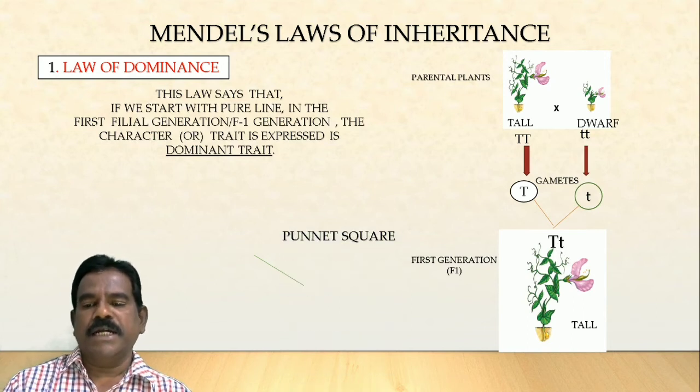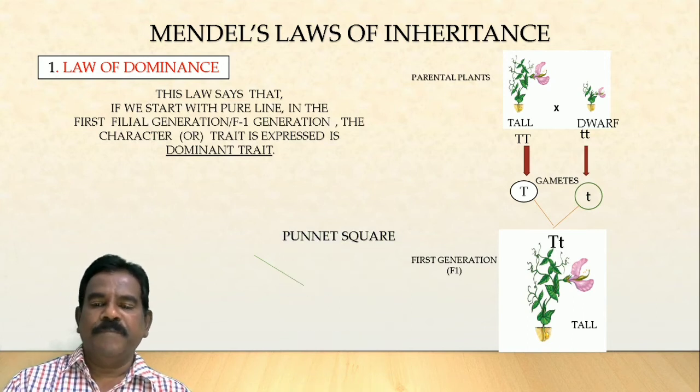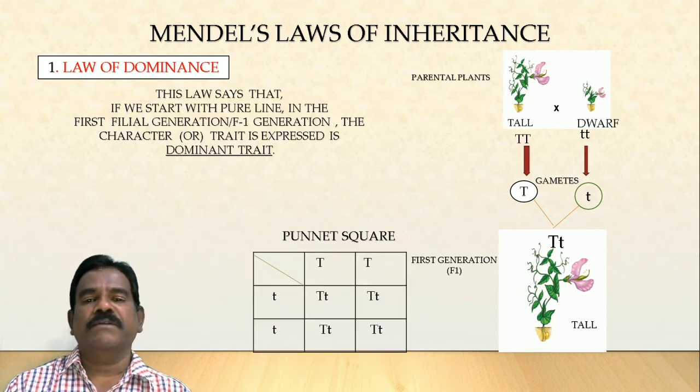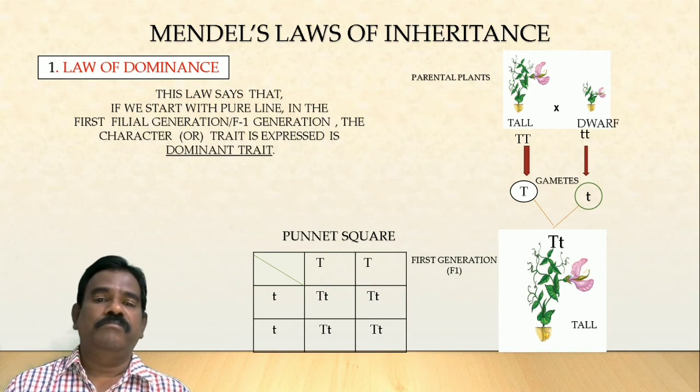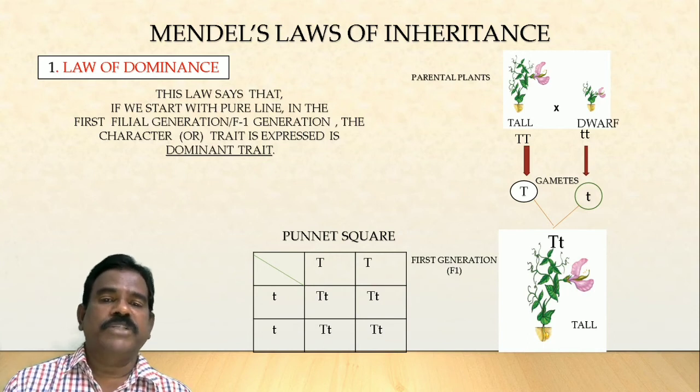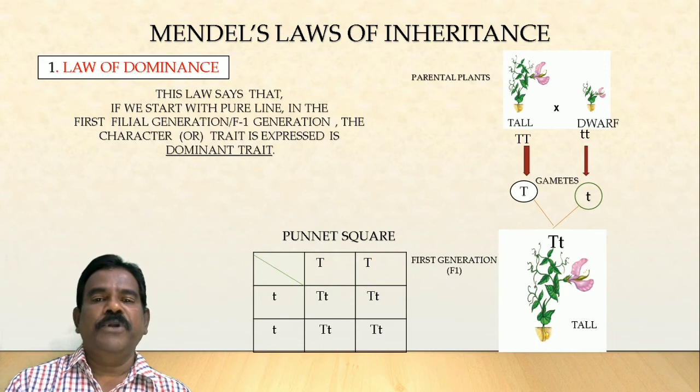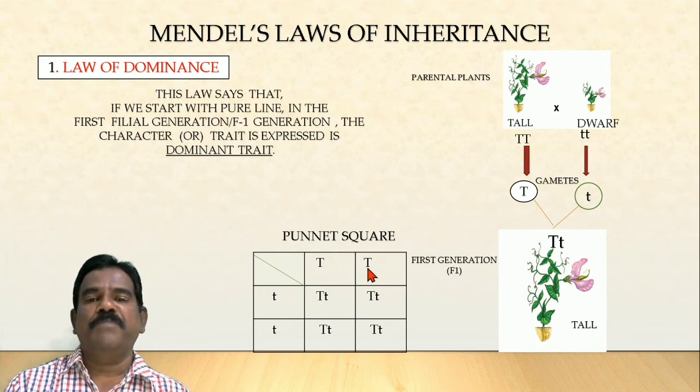So let us understand by using the Punnett square. This Punnett square explains the possibilities of zygotes. In a Punnett square, we can express the gametes of the male parent on one side and the gametes of the female parent on another side.